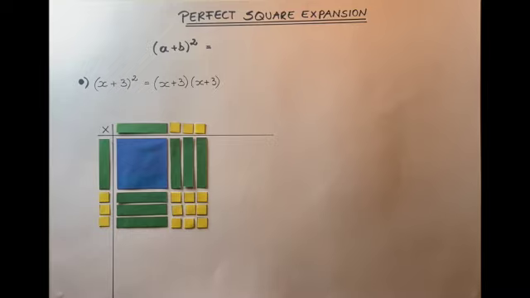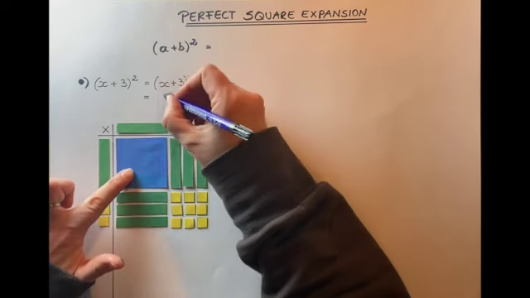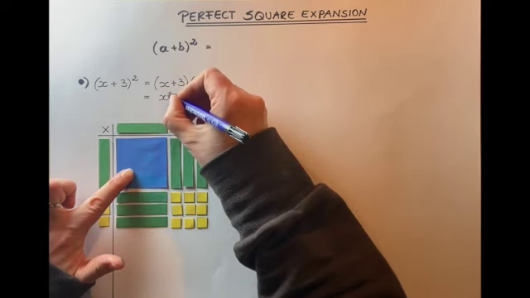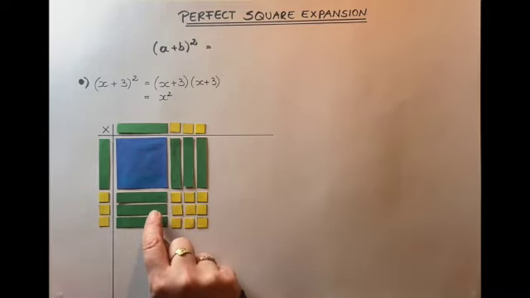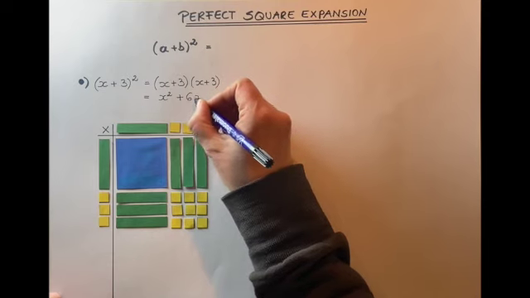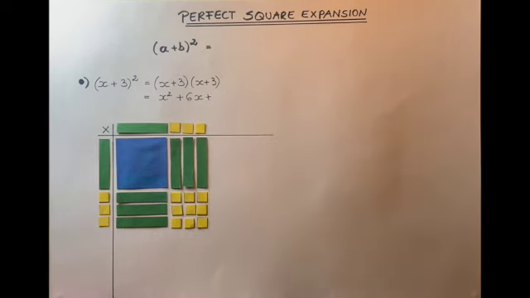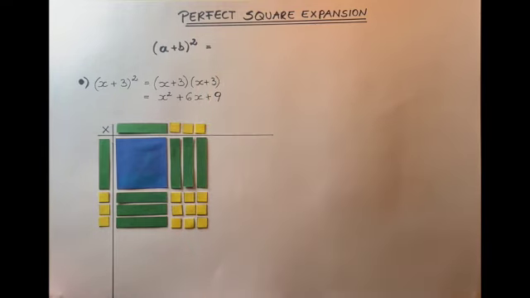We have x squared, we have 1, 2, 3, 4, 5, 6x, and we have here 1, 2, 3, 1, 2, 3, so this gives you 9 units. You can also count them up to get to 9 units. And this is the answer to this question.